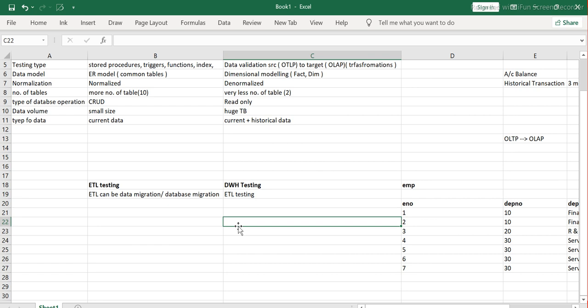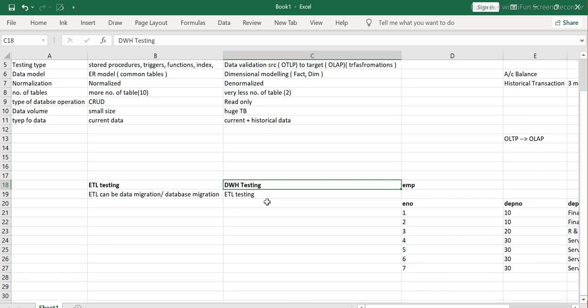I hope you are able to understand, right? So for a data warehouse, it is very important that the loading is happening through the ETL process. However, for ETL, it is not important that the loading will happen in the data warehouse only. It can happen into a flat file. It can happen into any other kind of system. It may not necessarily be a data warehouse only.